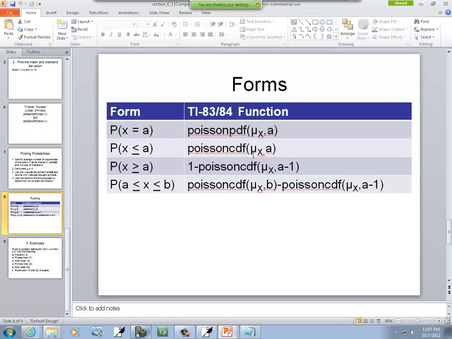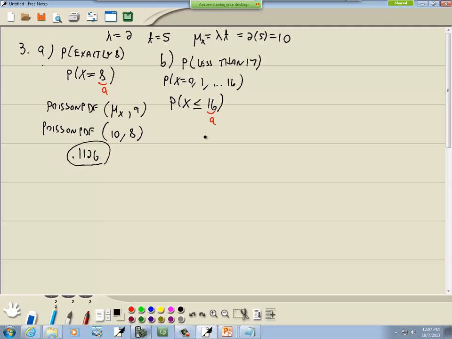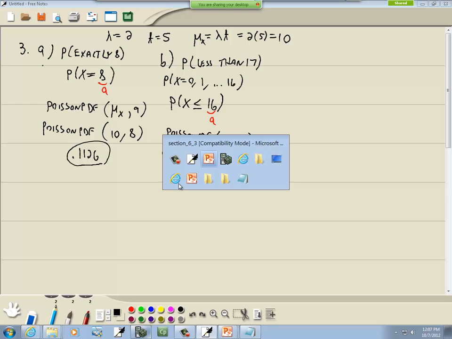And we're going to use Poisson CDF, mu sub x, a. So this is going to be Poisson CDF, mu sub x, what did we say that was, 10, and a is 16. So let's go put this in.